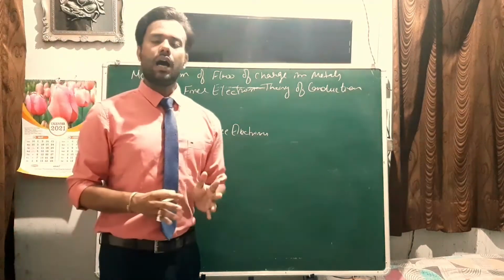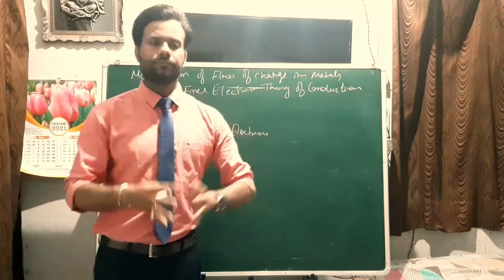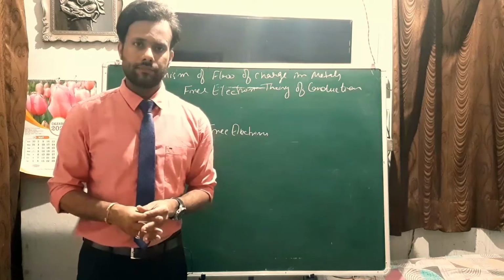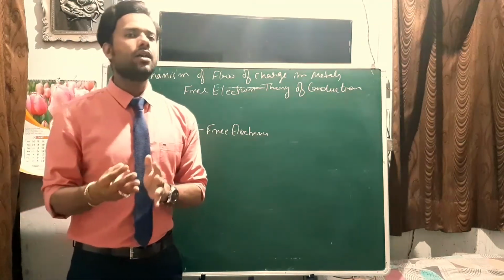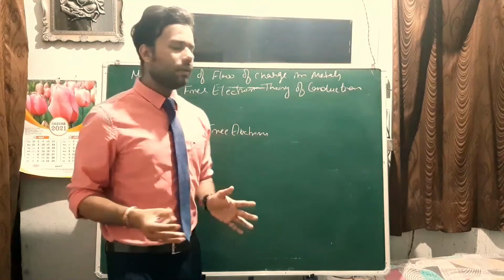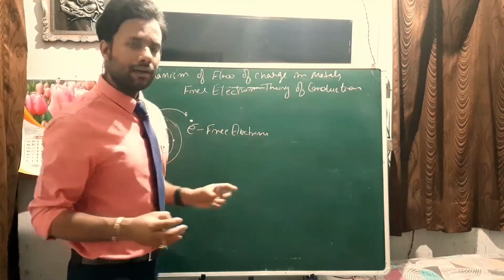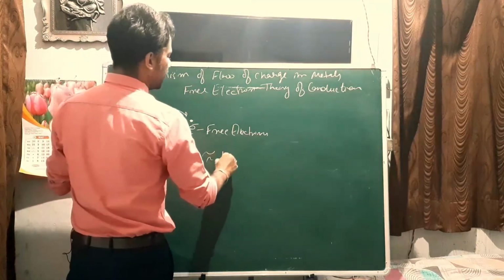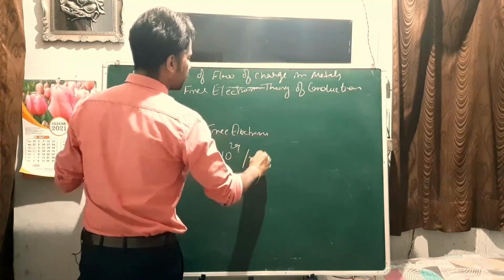These electrons are responsible for the conduction of electricity in the materials. The higher the number of electrons, the more conductive the material will be. For example, the number density of the metals is about 10 to the power 29 electrons per meter cube.